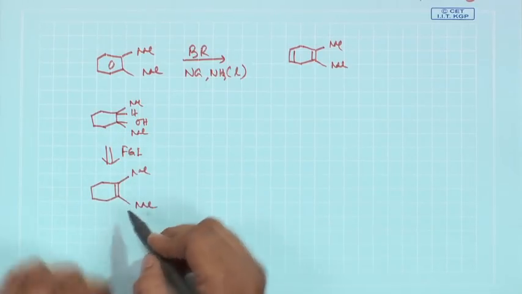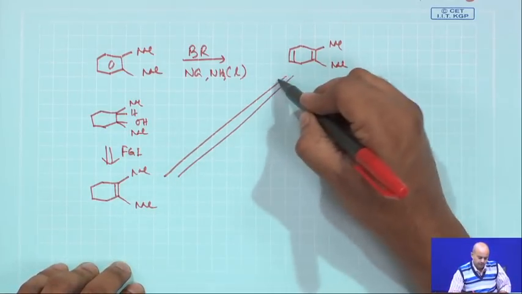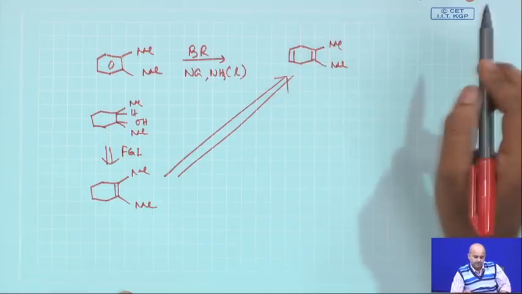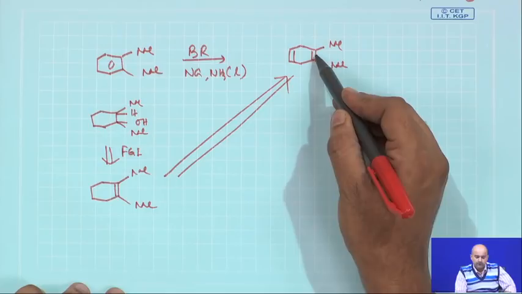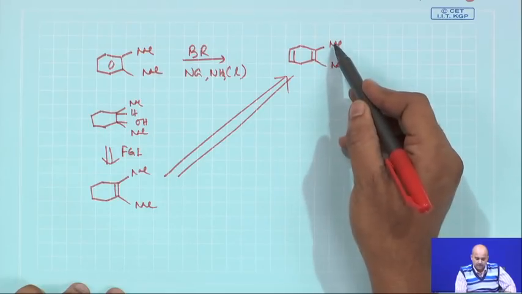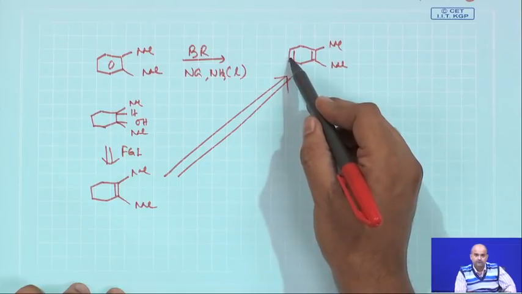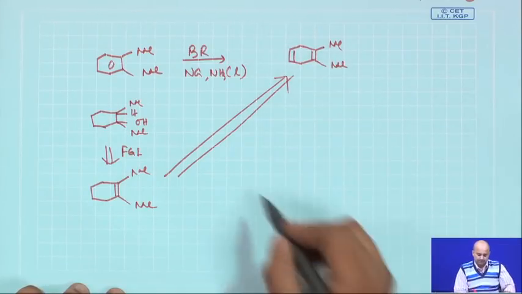Now, can you correlate this to this? It means that one of these olefinic unsaturations needs to be hydrogenated. The only difference is that this double bond is electronically rich because it has more methyl groups, and this one is not like that, and it is also sterically less crowded.